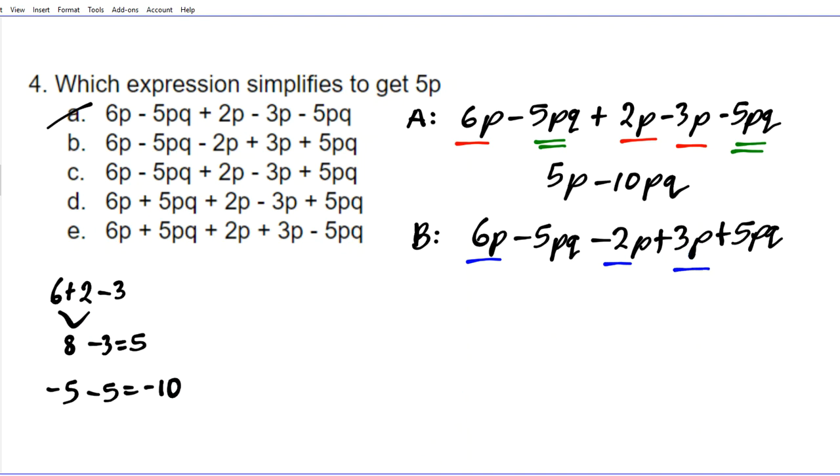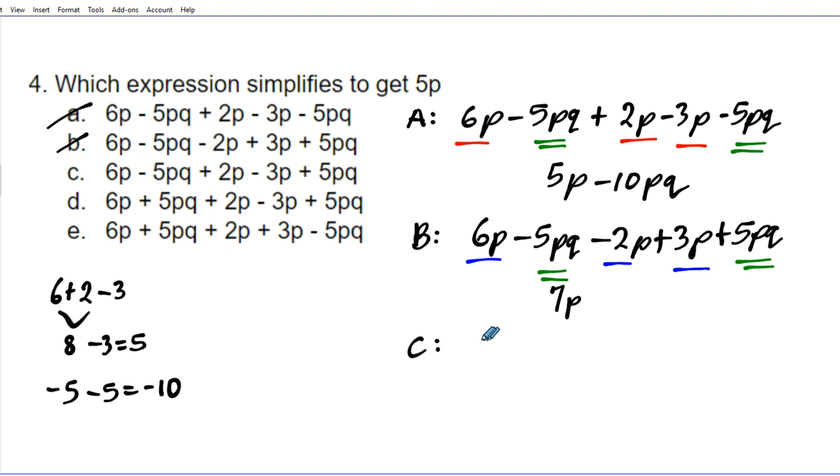So 6 minus 2 is 4, and then 4 plus 3 is 7. Okay, so for the p's, we're going to have 7p. And then for the pq's, minus 5 plus 5, that adds up to 0. So 7p is the answer. We can see that option B is not the answer we want.